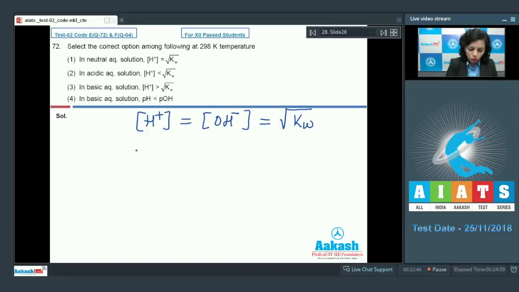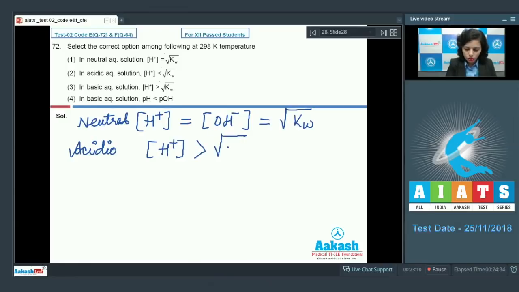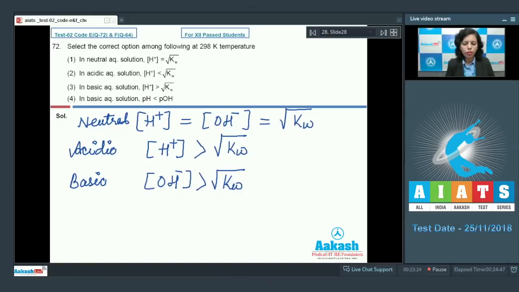This was for neutral. If we talk about an acidic aqueous solution, then in that case the concentration of H plus ion is more than root of Kw value, while in case of a basic solution the concentration of OH minus ion is more than root of Kw value.